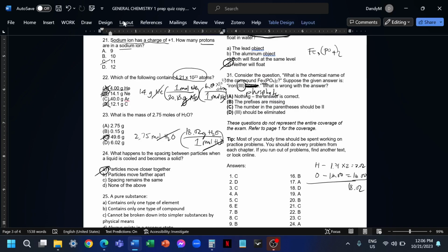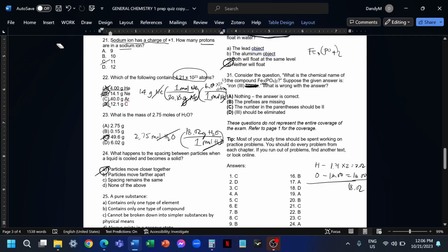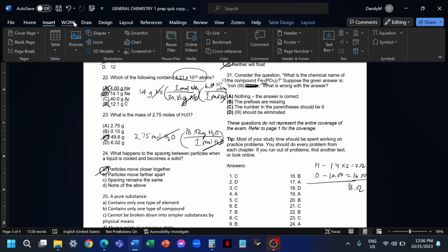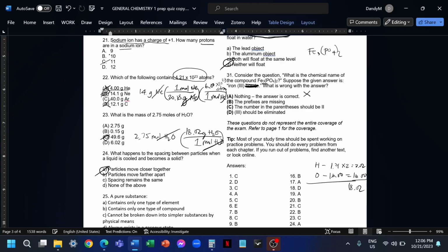So let's go back to the choices. So nothing, the answer is correct. Is this correct? This one is not correct. So letter A is not the answer. The prefixes are missing. So are we supposed to use prefix on this compound? Obviously no, because prefixes are only used for the covalent compounds.